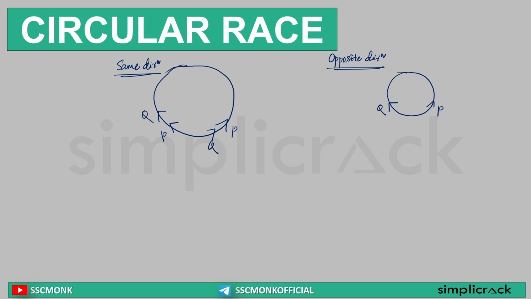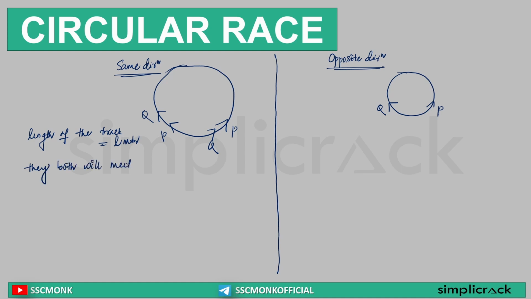But what matters more is this: when they are running in the same direction and the length of the track is equal to L meters, for example, then they will meet for the first time after time equal to L, the length of the track, divided by speed of P minus speed of Q. Clear? Very simple.